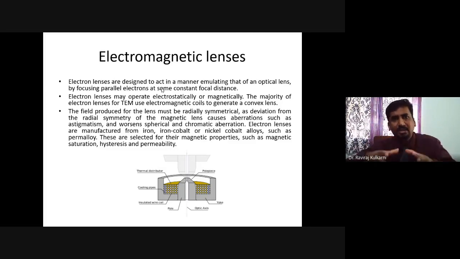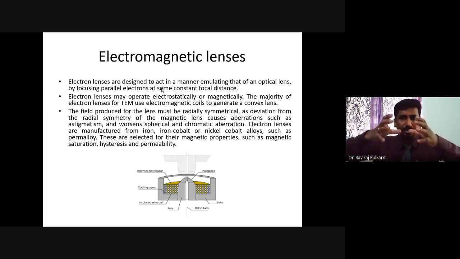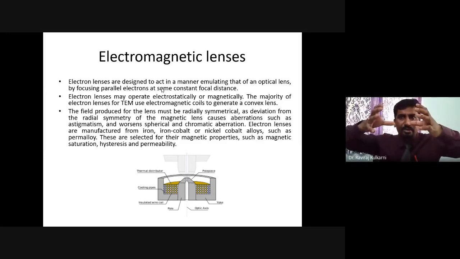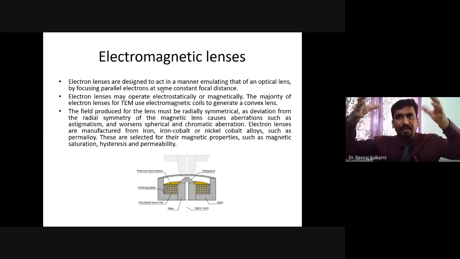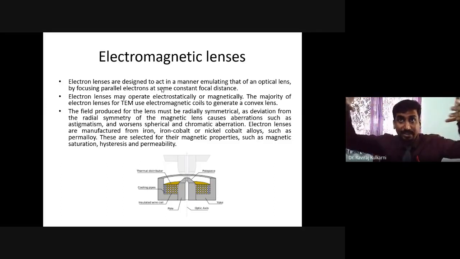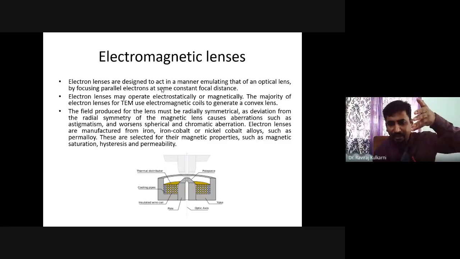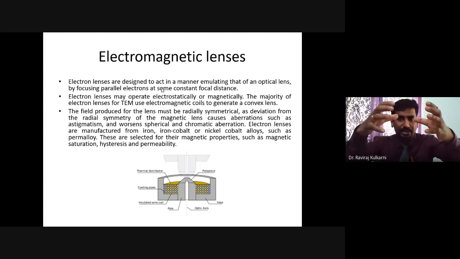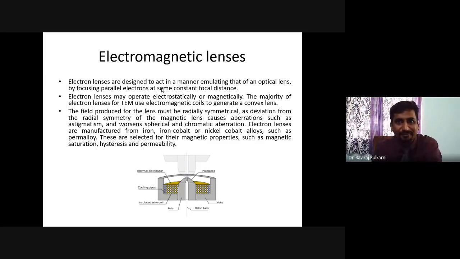They use coils to generate a convex lens, so that, for example, a negative charge is applied. So what happens? The electron also has a negative charge, so it is repelled. On the other side you have applied a very high positive voltage, so the electron is attracted in this direction, and here you are applying a negative charge so that it converges.